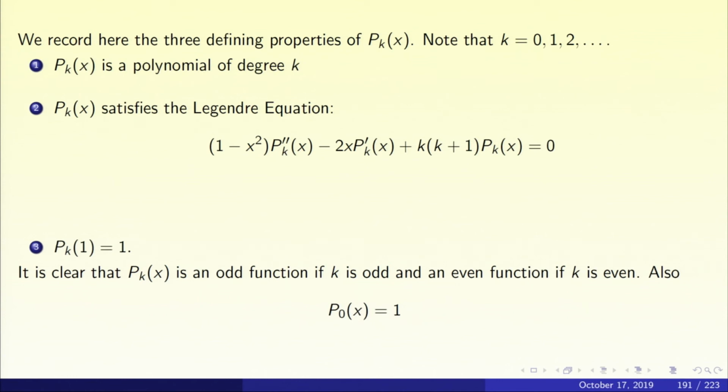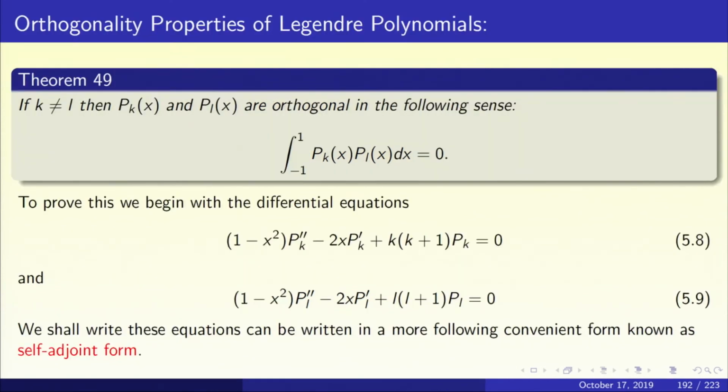So we have listed a number of useful properties of the Legendre polynomials. Now let us prove that the Legendre polynomials form an orthogonal system on the interval minus 1, 1. And that is stated as theorem 49 on this slide. So what does the theorem state?